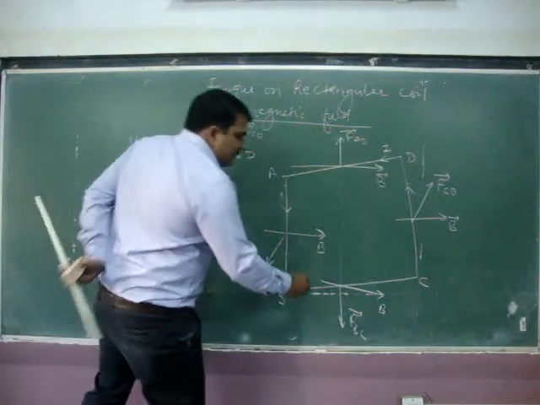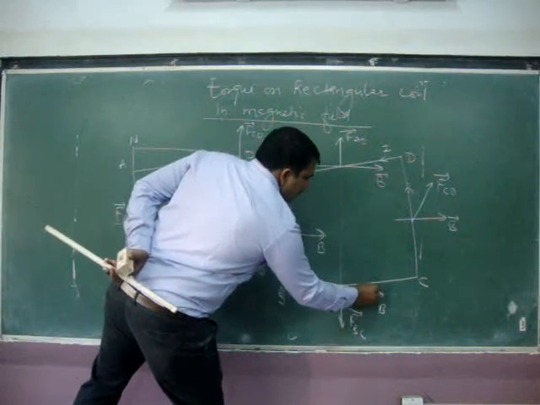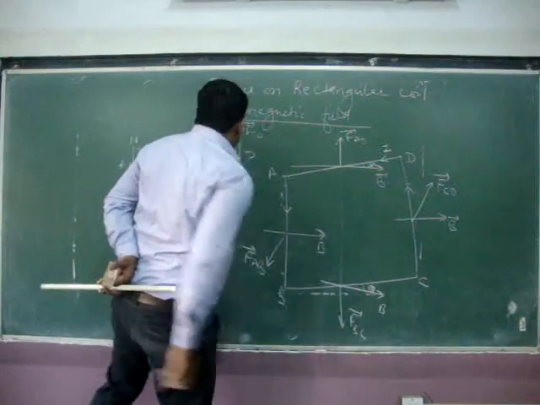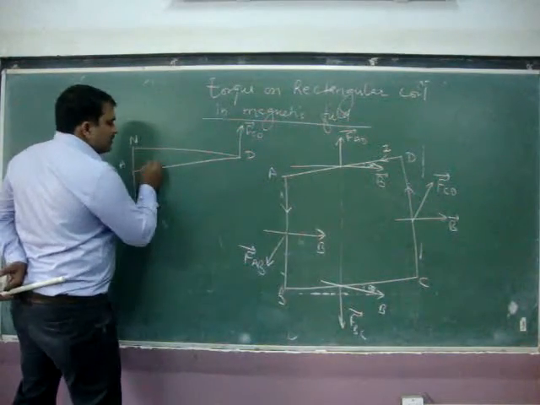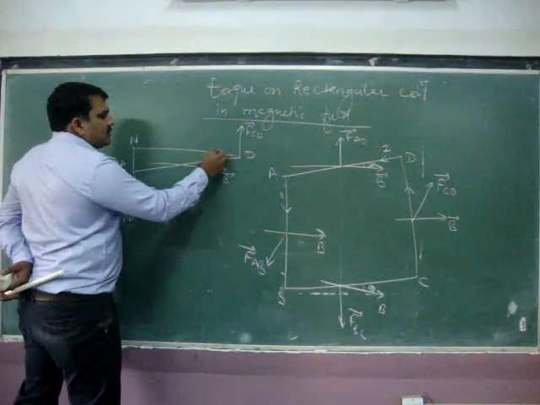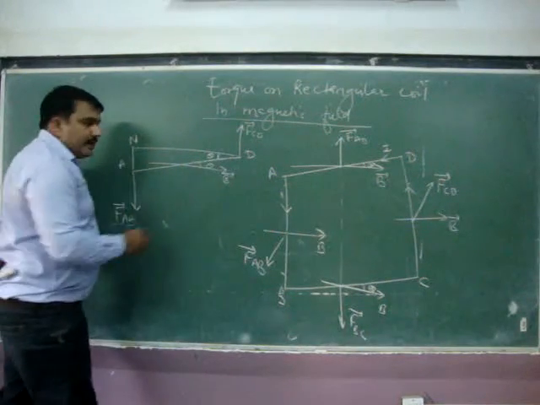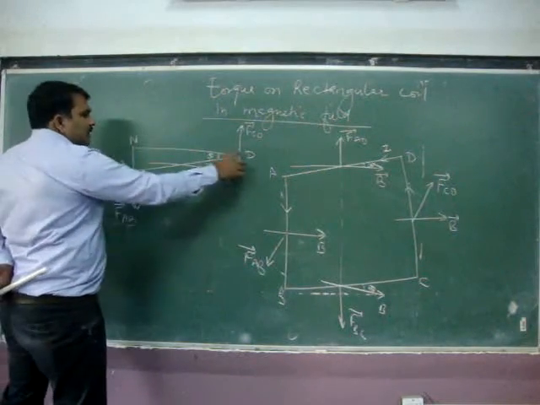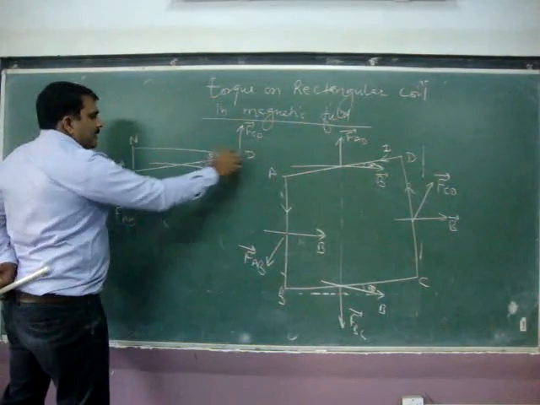Right? Suppose the angle between current and magnetic field is theta. Suppose this is the angle and this angle is theta, this was the magnetic field, and if this angle is theta, so this will also be theta. And if this angle is theta, you can easily find this perpendicular distance using this triangle.